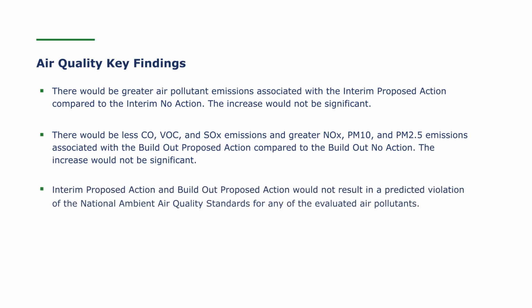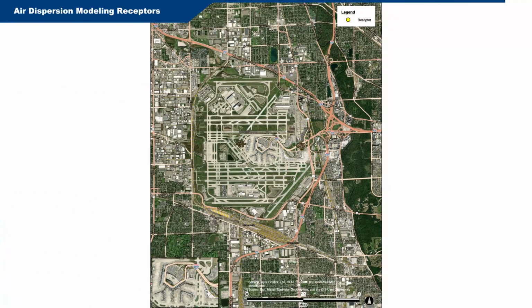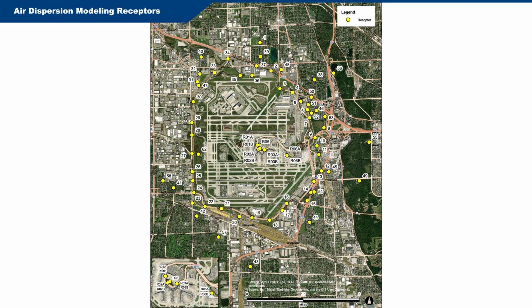Importantly, the build-out proposed action alternative would not cause or contribute to any exceedances of the national ambient air quality standards, nor delay attainment of the ozone standard, for which the Chicago area is designated non-attainment. The location of multiple receptors identified by yellow dots on the exhibit were identified and included in the air dispersion modeling.